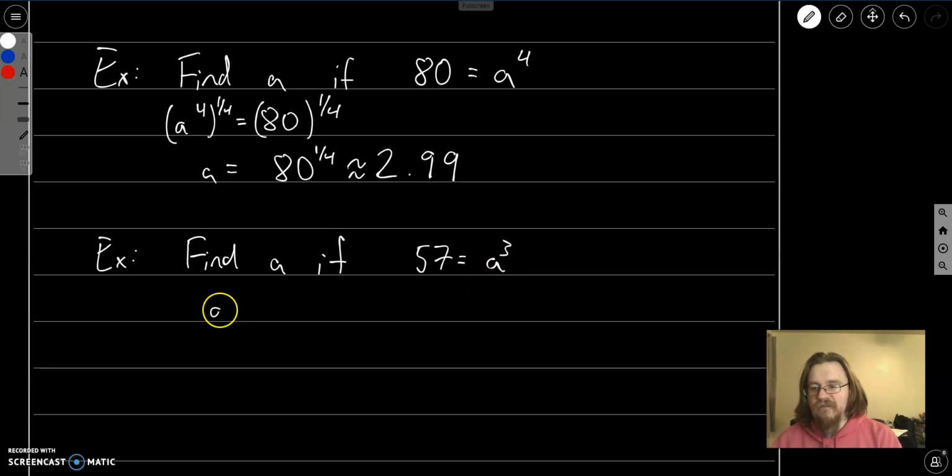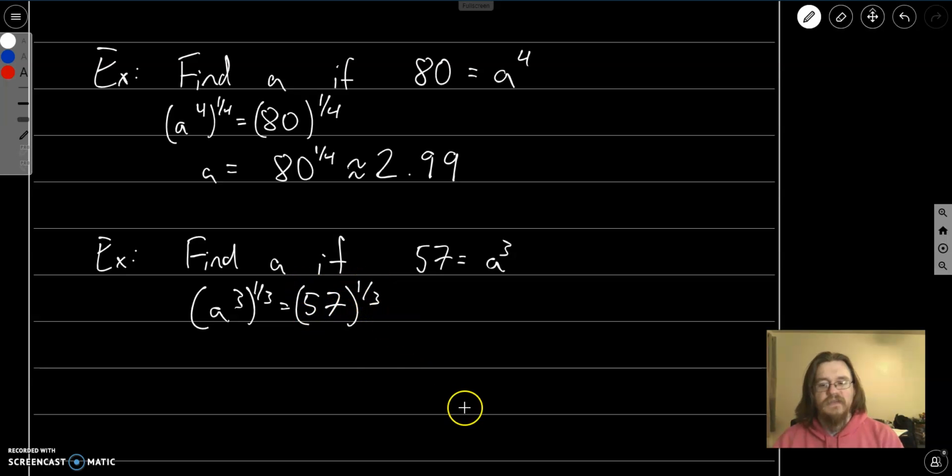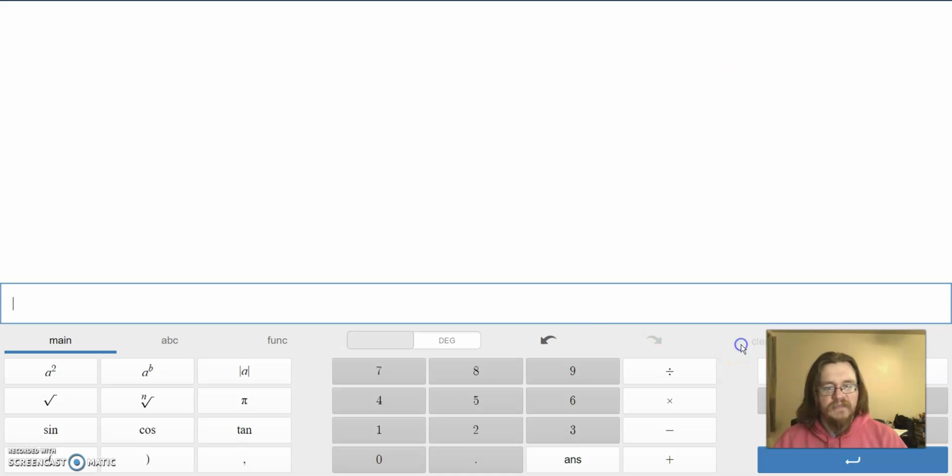So again, I have a to the 3rd is equal to 57, but I don't want the 3rd there. How do I get rid of it? I take it to the 1/3 power, and to the 3rd power and the 1/3 power, these cancel, so I'm left with a is 57 to the 1/3 power. And I don't know what that is, so I'll type that into my calculator.